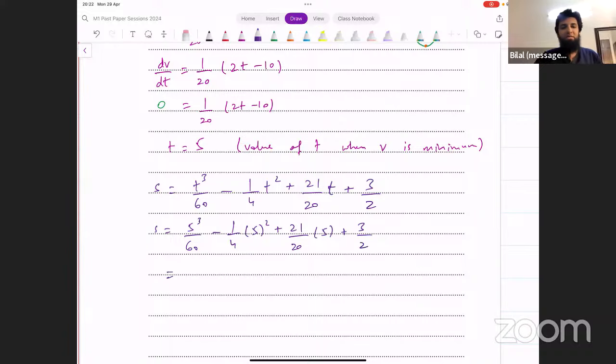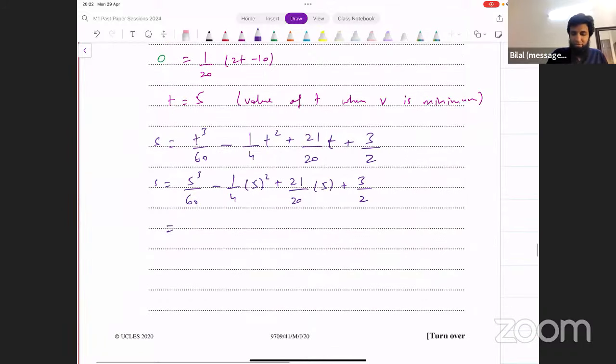You can evaluate this and see what that is. 125 divided by 60 minus 25 over 4 plus 21 into 5 divided by 20 plus 1.5. That's 31 over 12, which is 2.58333. That's the displacement that we were looking for.